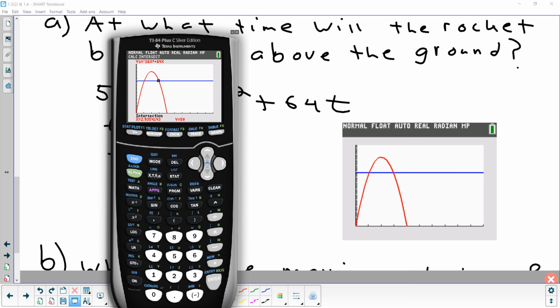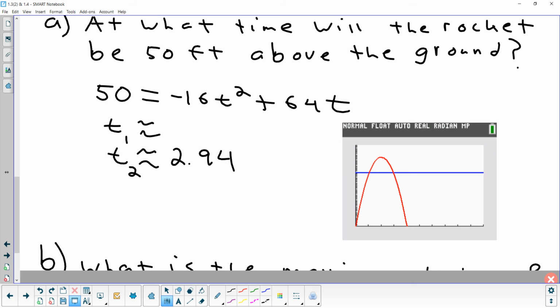And T1, second calc intersect. Again, I'll just move closer to the other side. Do my guess. And now I get 1.06. So it will hit 50 feet at both of these times.